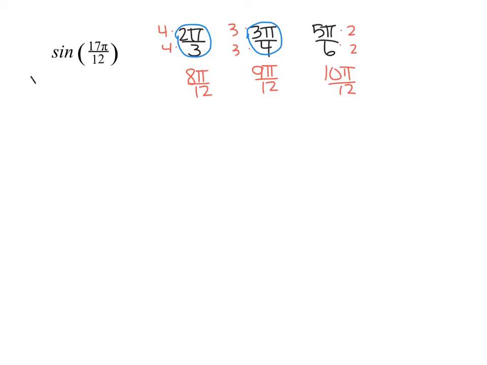So we're going to let x equal 2 pi over 3 and y equal 3 pi over 4 and plug it into our sum identity for sine.